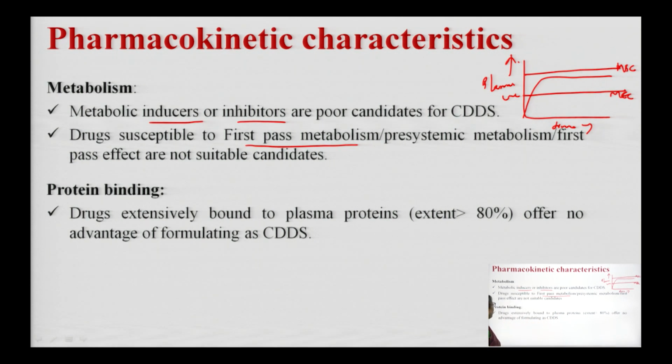Going on to protein binding, the last pharmacokinetic parameter. Now, drugs which are extensively bound to plasma protein, say to an extent of greater than 80%, offer no advantage of formulating as controlled drug delivery systems, because if you recall, the protein drug complex is a reversible complex such that the complex dissociates into protein and free drug to replenish the drug in the plasma.